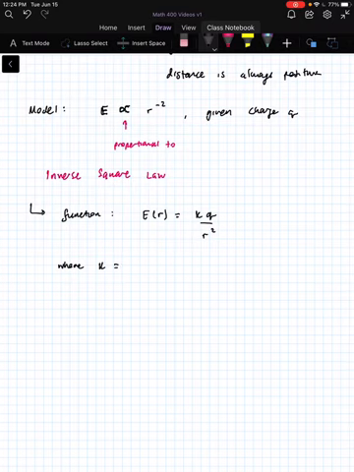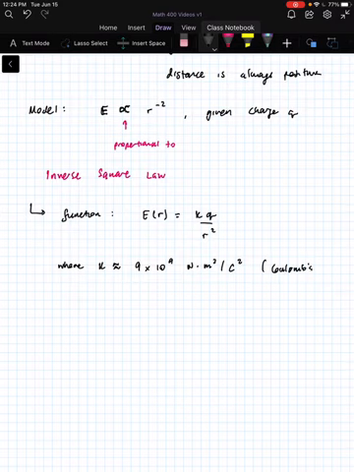Where k is an experimentally defined constant of nature, which is approximately 9 times 10 to the 9th newtons times meters squared divided by coulomb squared, which is also known as Coulomb's constant.